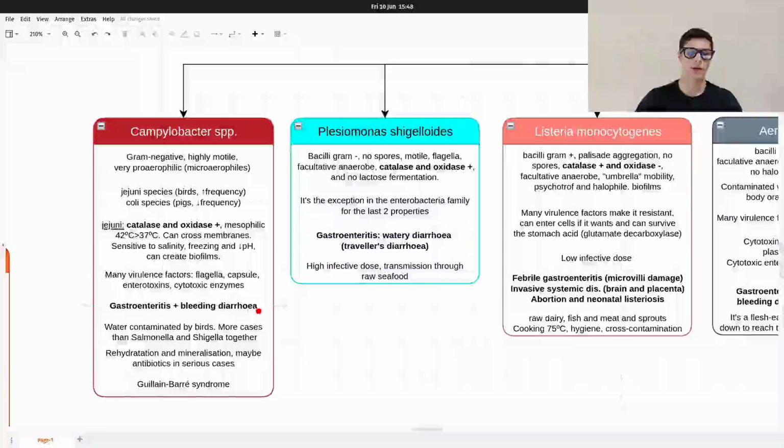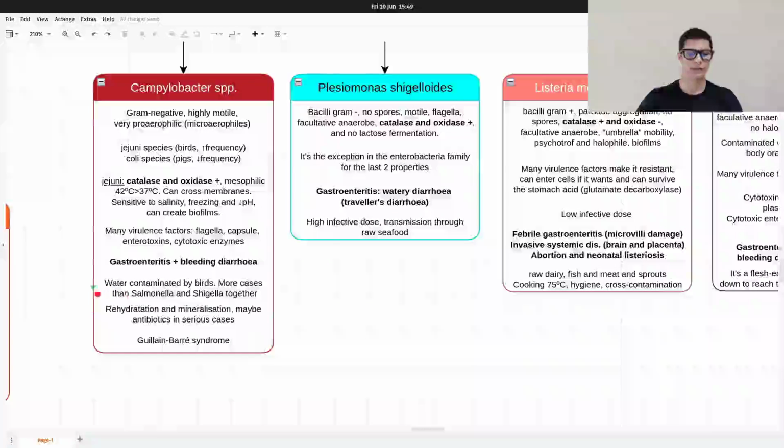The cycle starts with the bird contaminating the water using the feces, and then that water, if we drink it straight from there, we will get infected, of course. But if that water goes to the agriculture industry or to animals, they can get infected too.